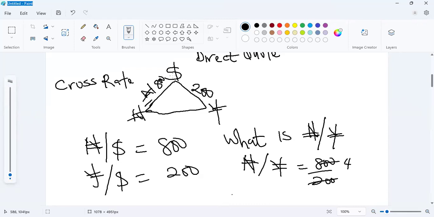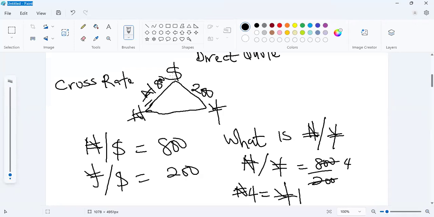This is equal to 4 naira to 1 Japanese yen.